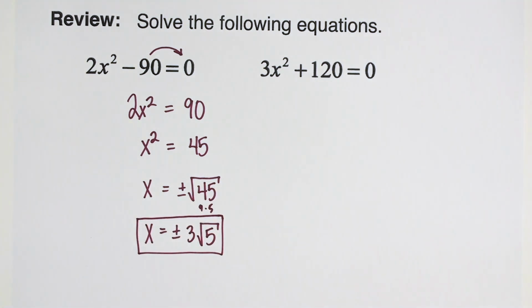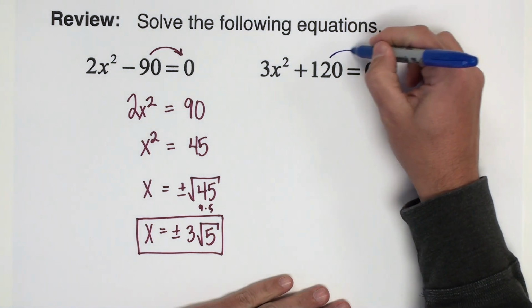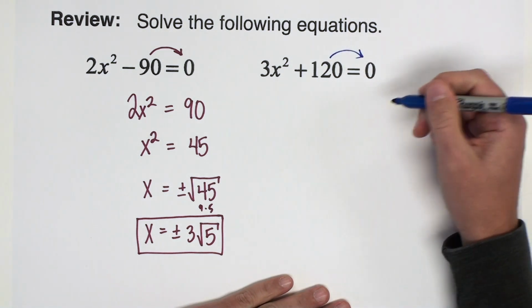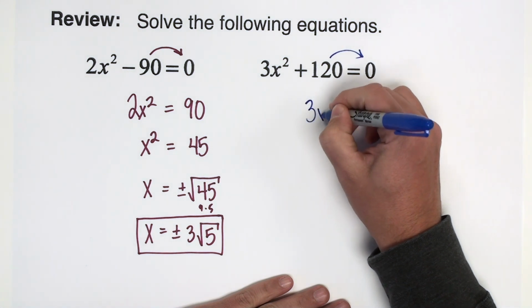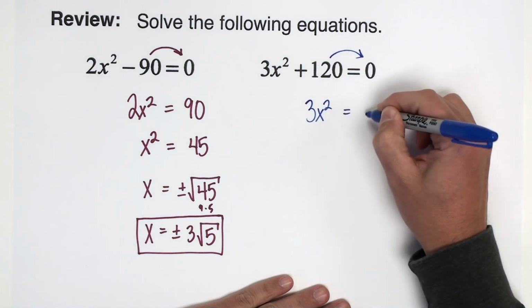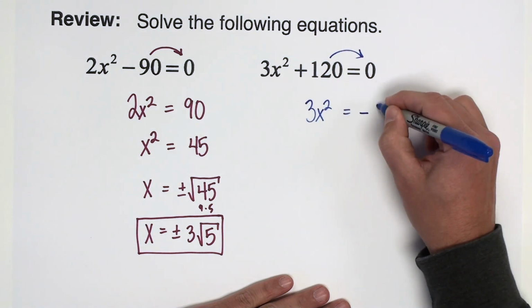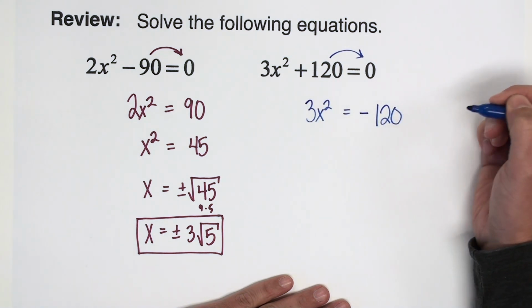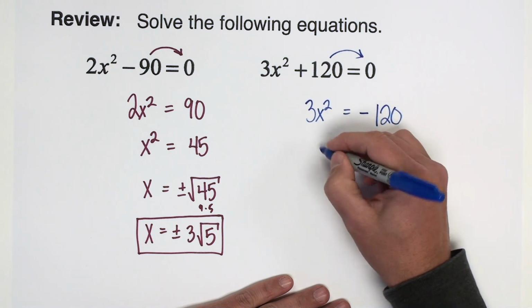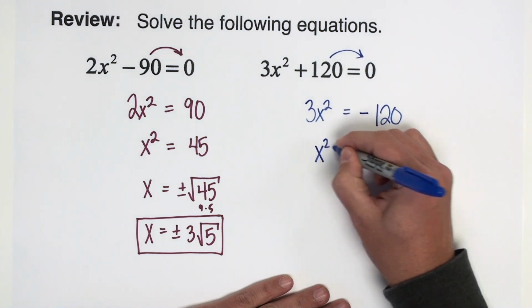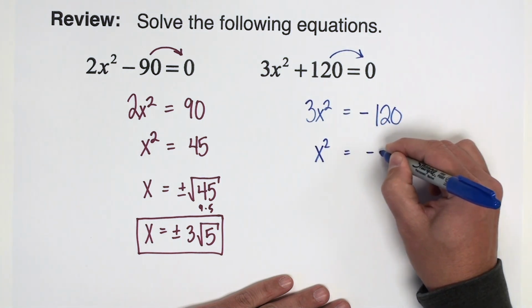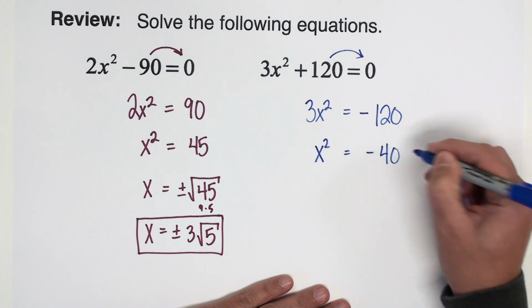Now, in this second problem, I'm going to essentially repeat the same exact steps just with different numbers. I'm going to start by moving this 120 over to the right hand side. So we get 3x squared equals, now this time because it's positive we have to subtract it, so we get negative 120. I'm going to divide both sides by 3, so x squared equals negative 40.